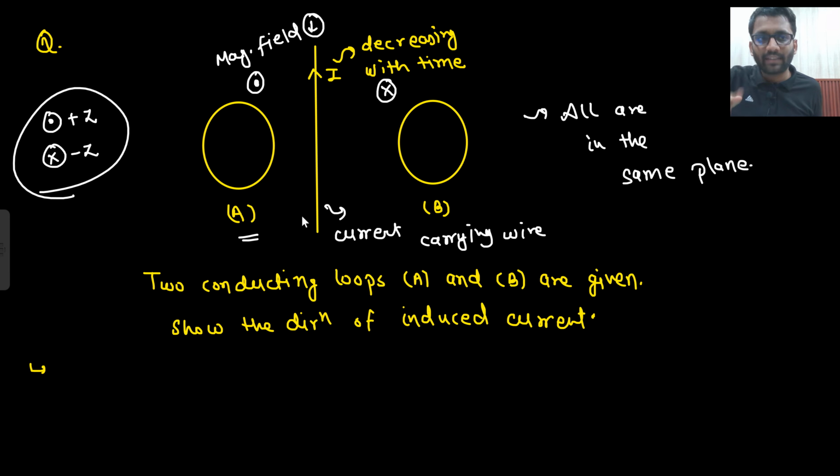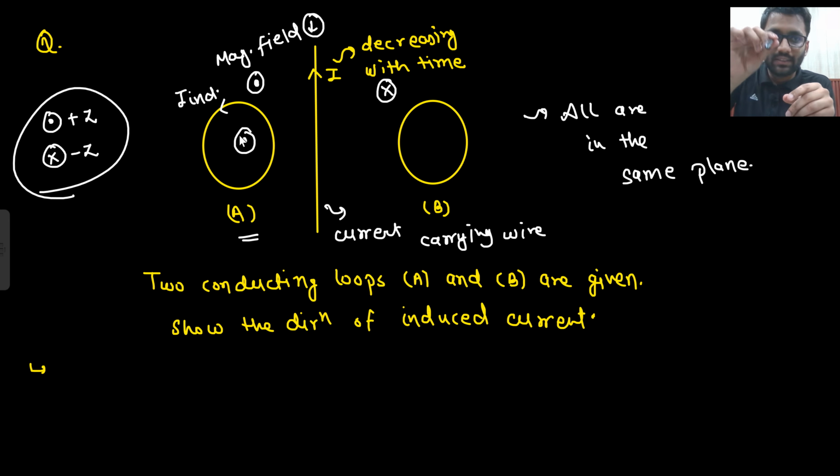So in what direction you want your induced magnetic field to be? Let's just say, if this is my I induced, then where it will generate the magnetic field? It will generate the magnetic field in this direction only. So in plus Z direction, the magnetic field was decreasing. So what is my job?